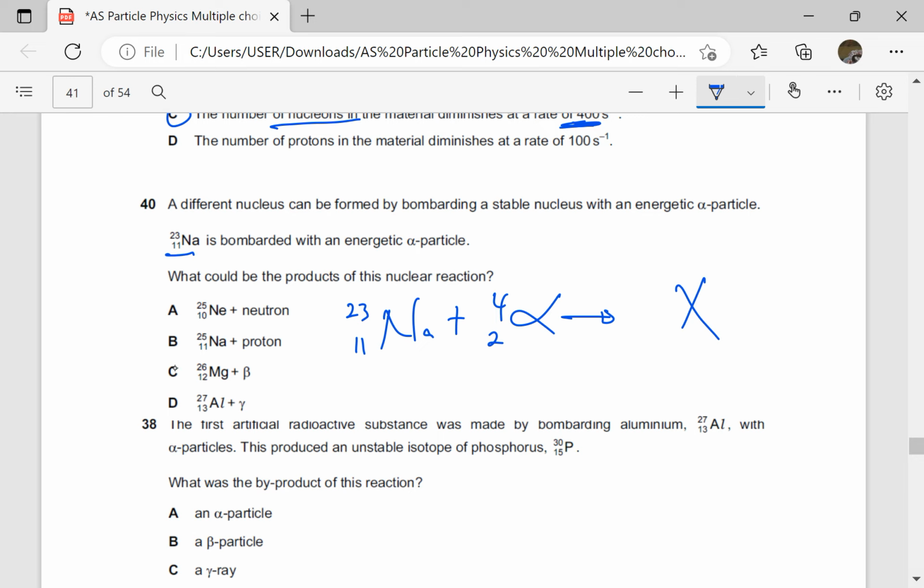So this should be a proton number, should be 27, and this should be 13. So let's check.